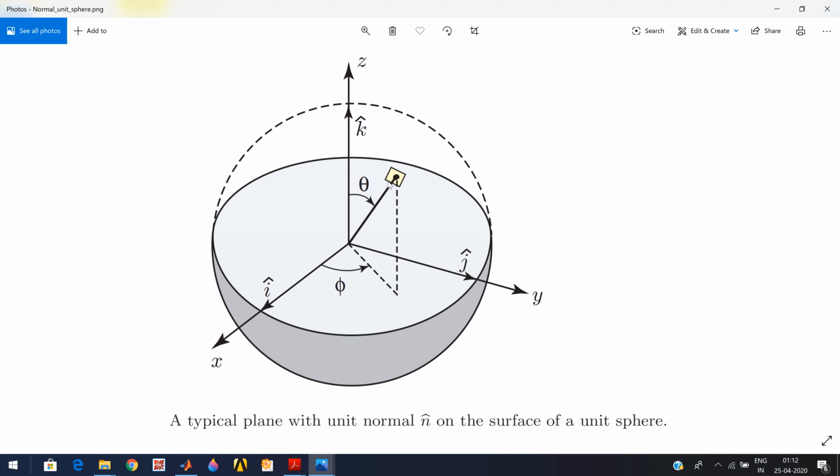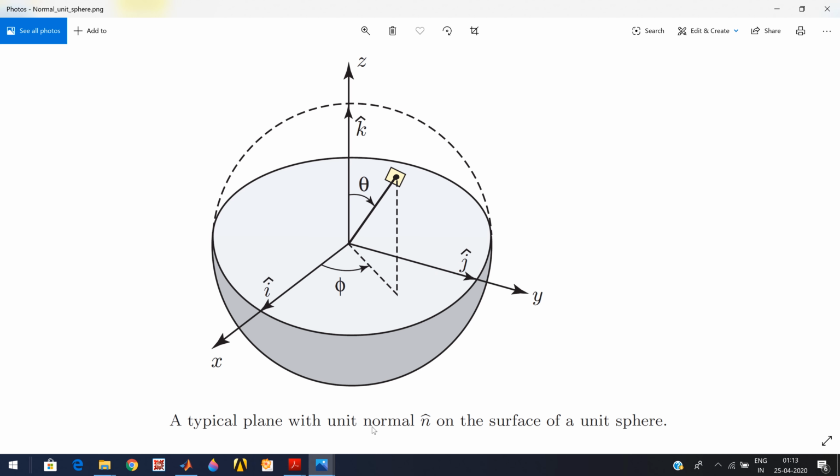And then the projected line on that plane is sine theta, and that will have two components along x and y. So x component will be sine theta cos phi, and y component will be sine theta sine phi.